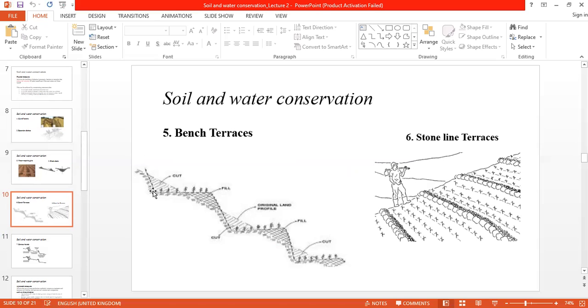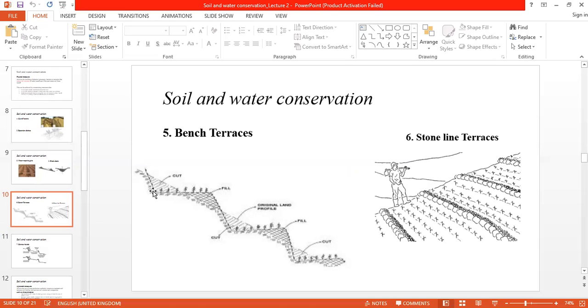But these ones are mostly very expensive to do. So in most cases they are last options, where you've done all the other practices and they have failed. So now you just say, okay, we'll do benches.